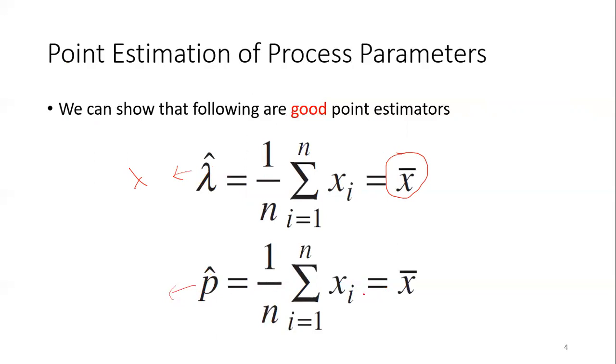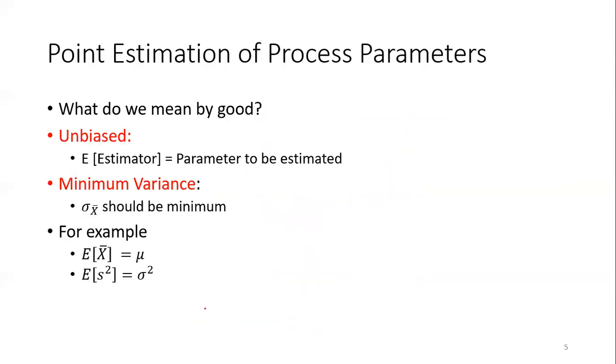You can show that again, the average of the xi's, where xi shows the successes when you count in a sample, divided by n, the total number of samples, is again equal to x bar. X bar is a good estimator for p, but what do we mean by good?